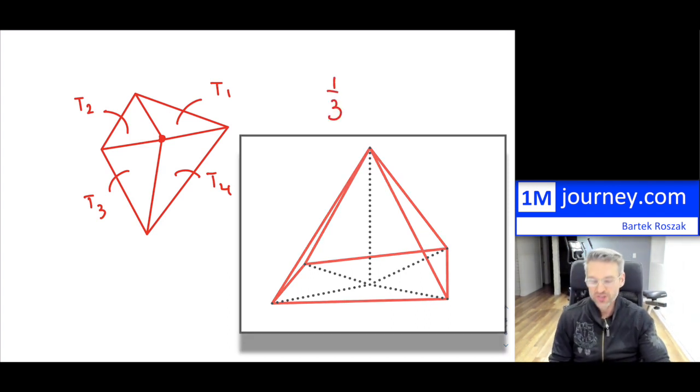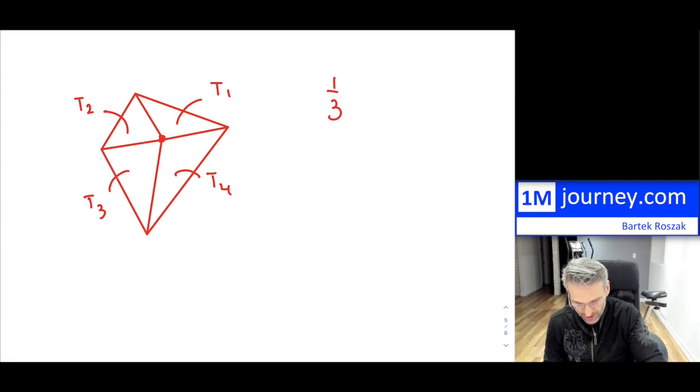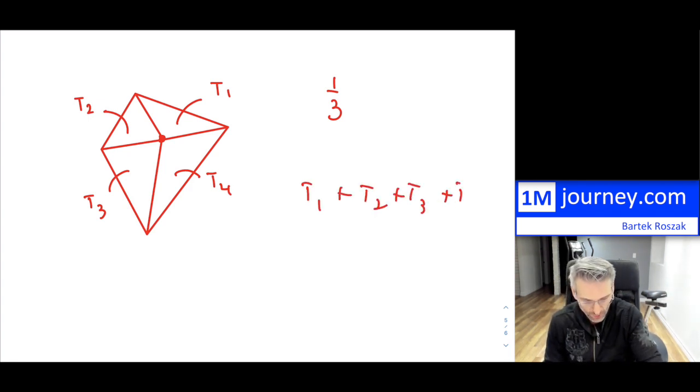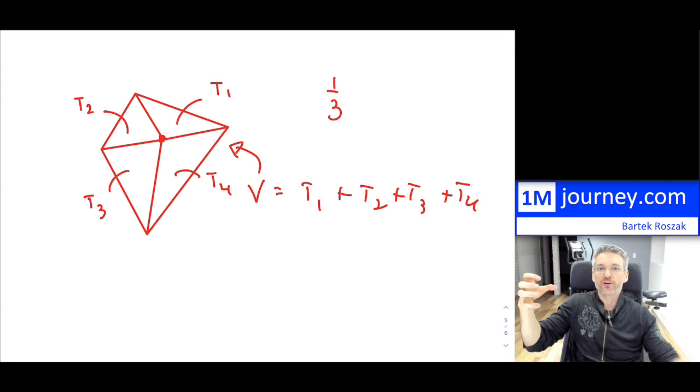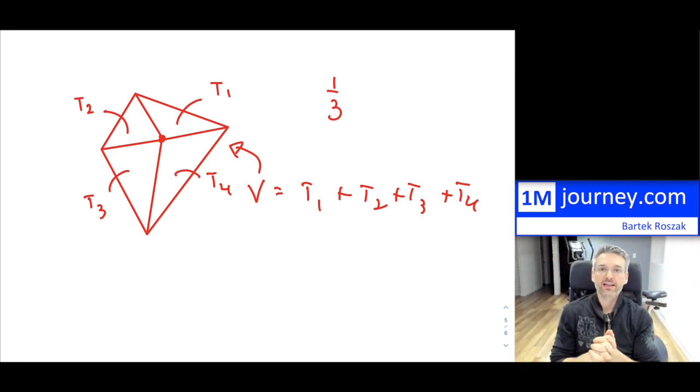Now you can just add them together. So you can say T1 plus T2 plus T3 plus T4, which is the total volume of this entire pyramid. Looking from the top in this way, all of them have the 1/3, so you can just take out the 1/3, add all the volumes together, and you still have that. So I hope that convinces you.